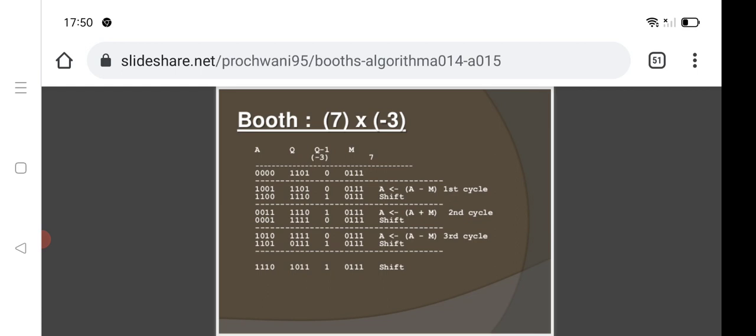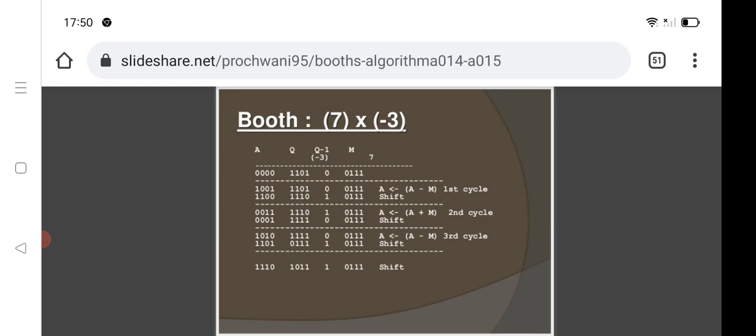Minus 3 means I first need to write the positive 3 value and then perform the 2's complement of this 3. The positive 3 value is 0 0 1 1. Performing the 1's complement gives 1 1 0 0. Adding plus 1 to this, it becomes 1 1 0 1.